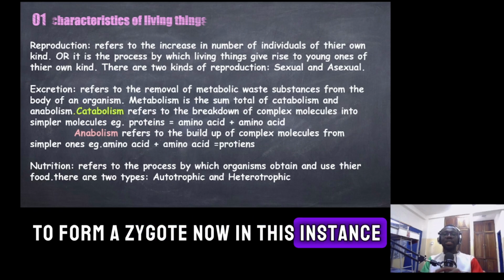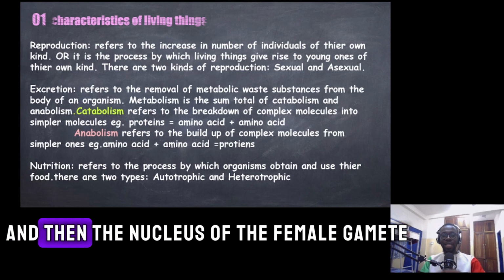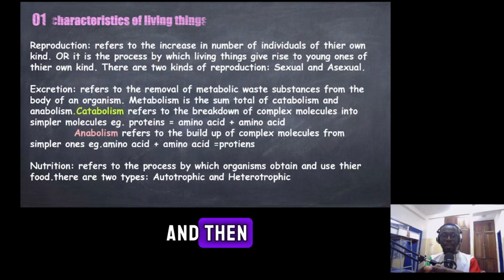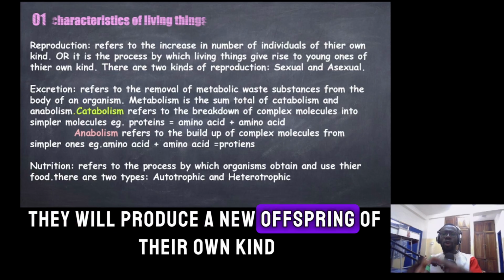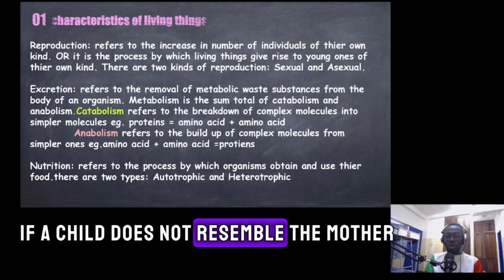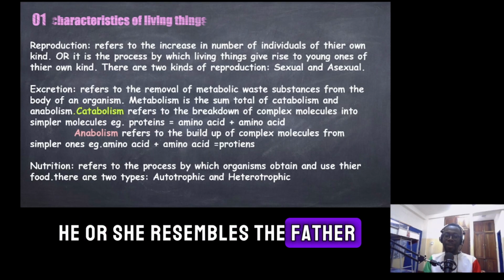The nucleus of the male and the nucleus of the female gamete meet, exchange genetic material, and produce a new offspring of their own kind. That is why they sometimes say if a child does not resemble the mother, he or she resembles the father.